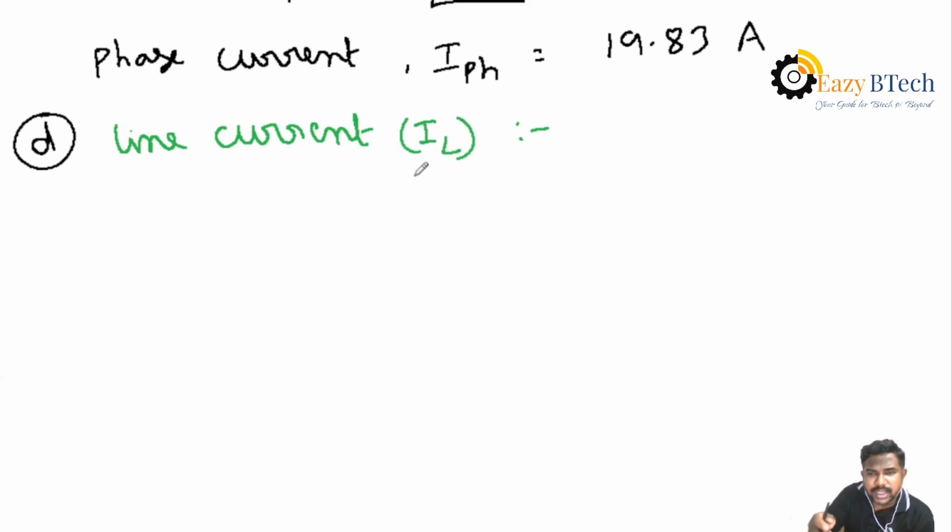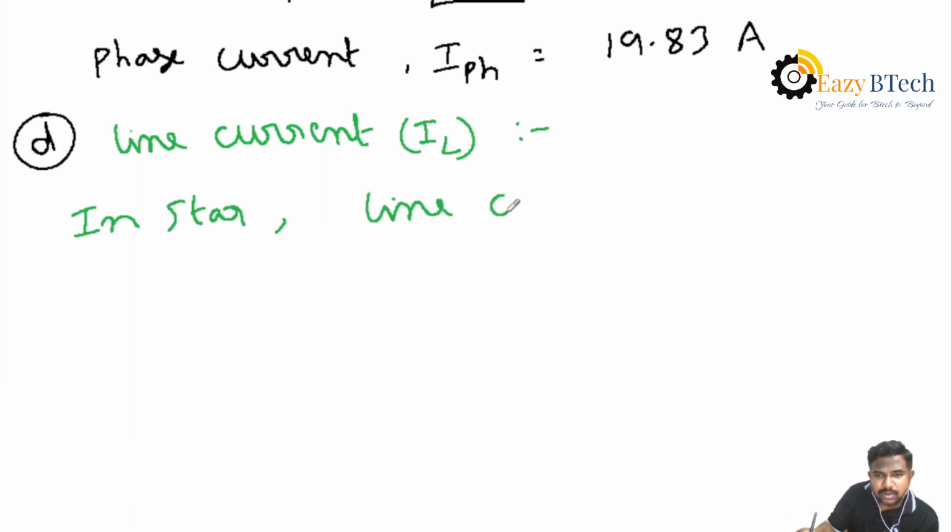We know the given problem is a star connected system. Then in star, what is the relation between the line current as well as phase current? In star system, the value of line current is equal to the value of phase current.